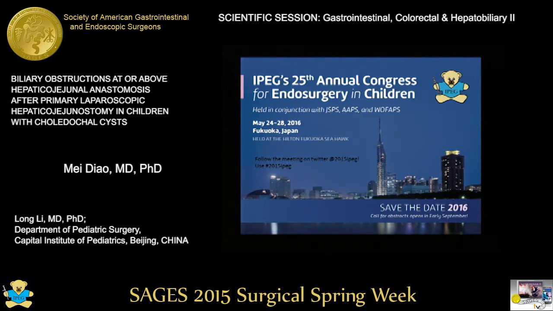I think stricture can occur due to preoperative inflammation in the common hepatic duct rather than technique. If the inflammation is severe in the common hepatic duct at the time of the cyst excision, stenosis can occur after operation. I compared adult choledochal cyst and pediatric choledochal cyst.